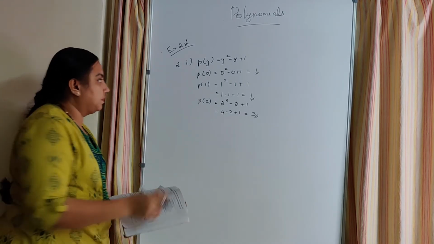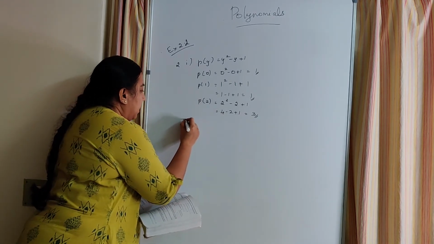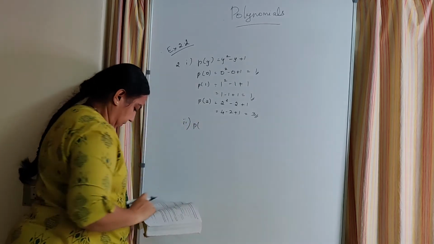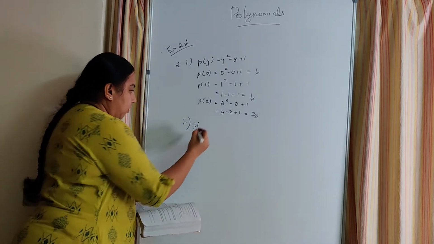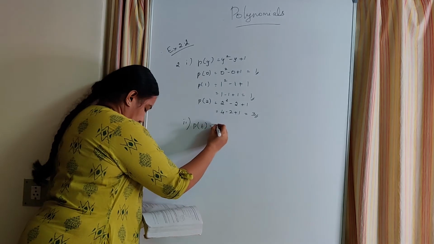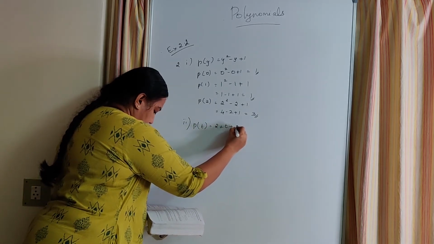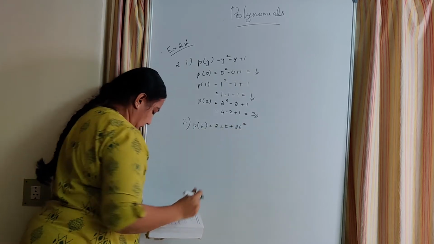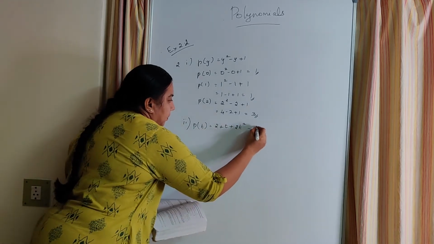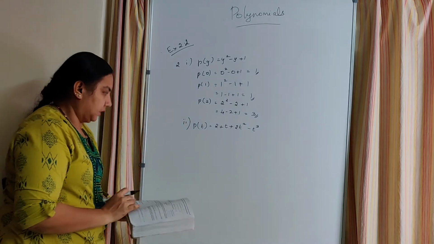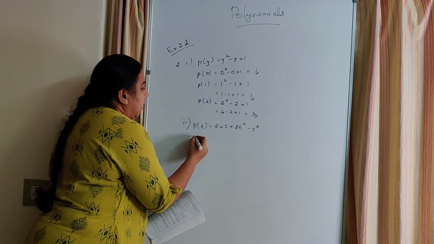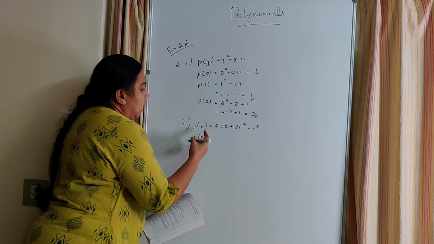Then the second sum, it's a second different polynomial. P of t is equal to 2 plus t plus 2t square minus t cube. Here again I have to substitute the different values for t.